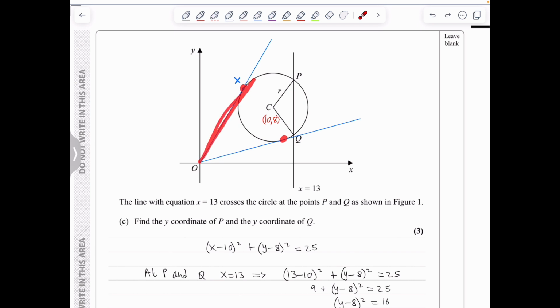Well, I can draw the radius CX and the distance OC, therefore forming a right angle triangle.